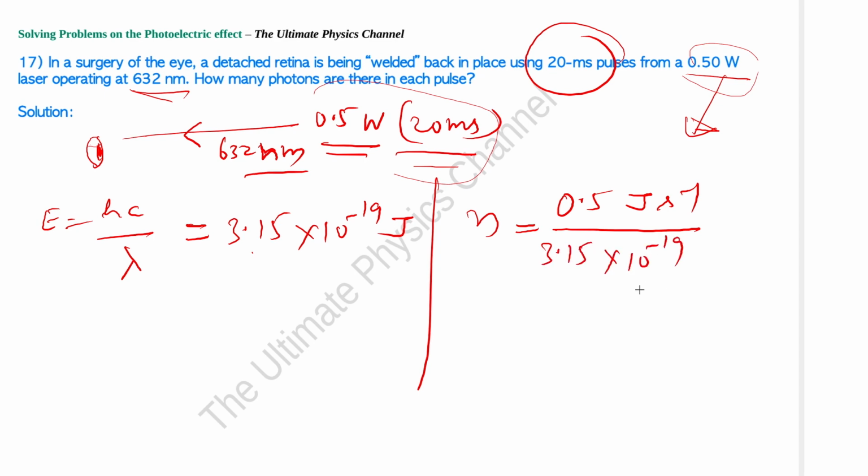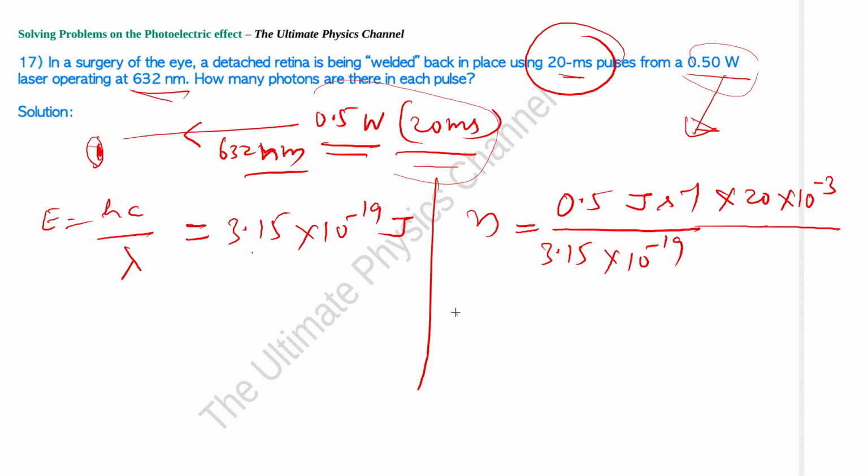That should give you the number of photons, but that is not the case here, simply because it is not a normal continuous laser. It is a pulsed laser of 20 millisecond pulse duration, and therefore that has to be multiplied onto the numerator. So that is 20 milliseconds, so I'm using a 10 power minus 3 here on the numerator for milli.